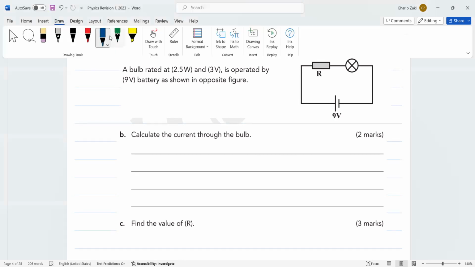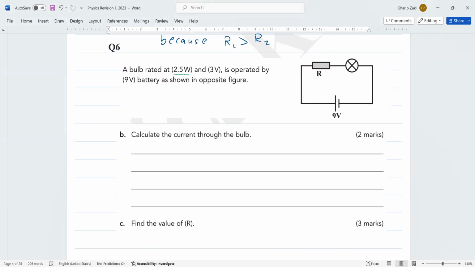We read the question. A bulb rated at 2.5 watt and 3 volt. So for this bulb, not for the whole circuit, the power equals 2.5 watt when the voltage is 3 volt. The battery potential difference is 9 volt.